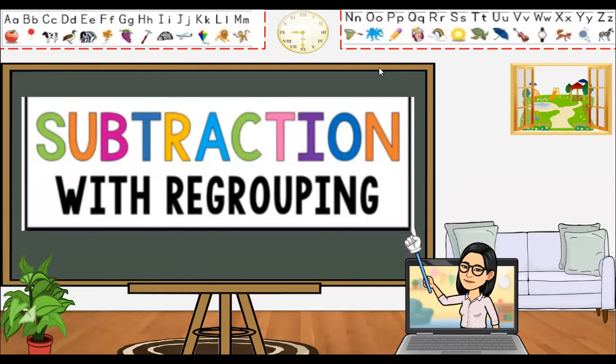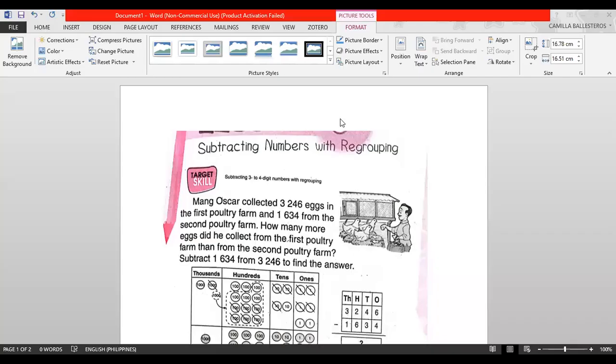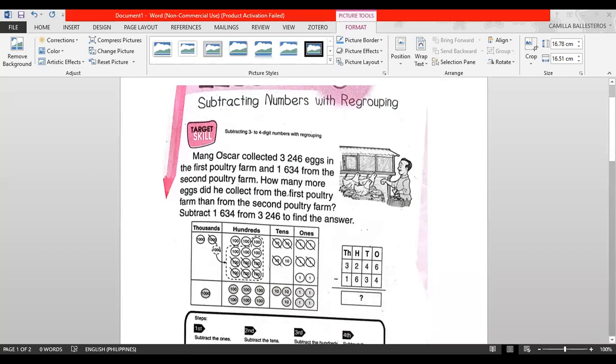I have here a word problem. You can see this one in your book on page 119, subtraction of numbers with regrouping.